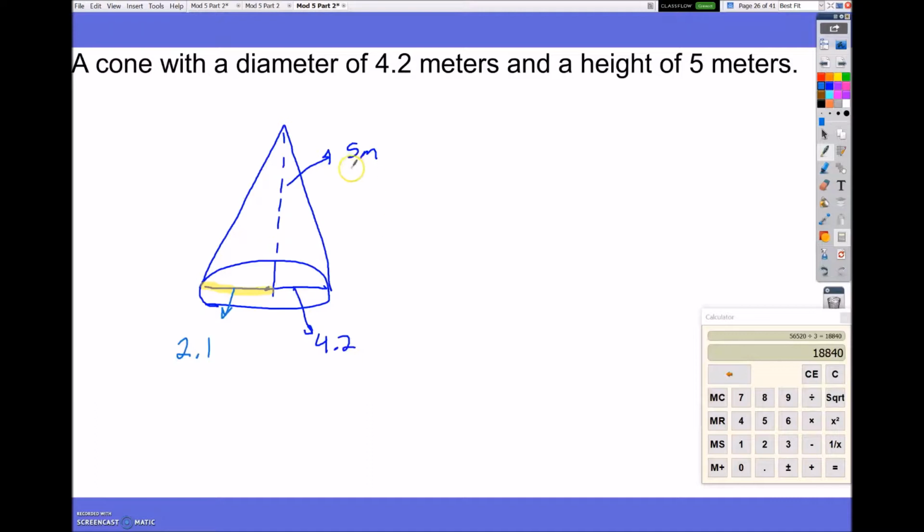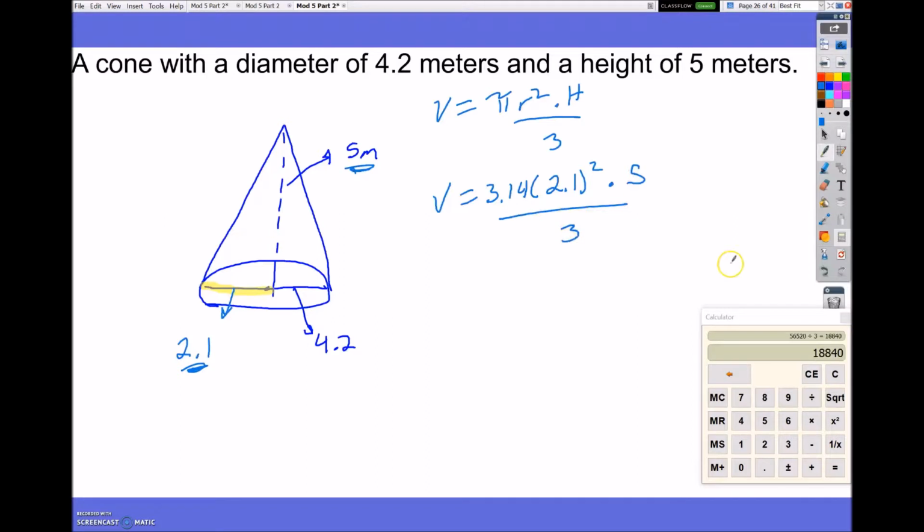So now I'm going to use all these numbers in order to find the volume of the cone. Let me write my formula out: pi r squared times the height all over 3. So volume equals 3.14 times the radius, 2.1 squared, times the height, all over 3.